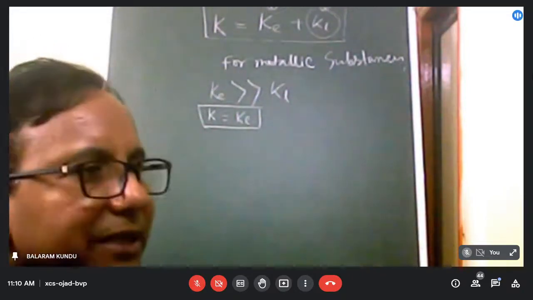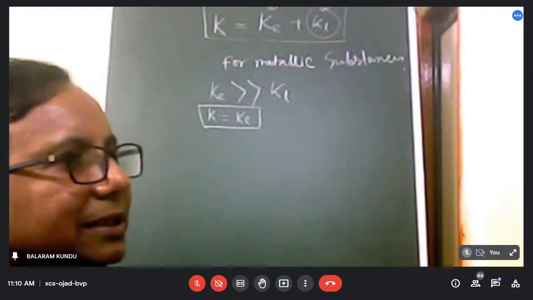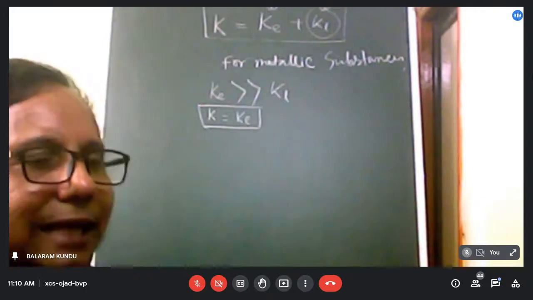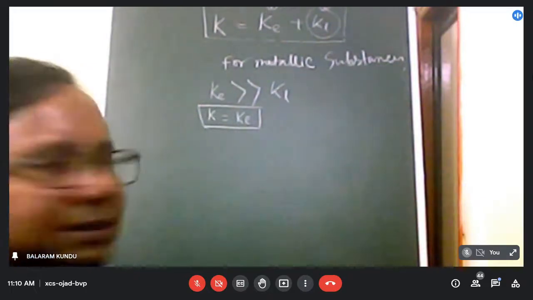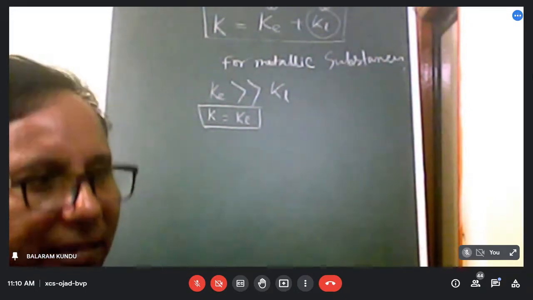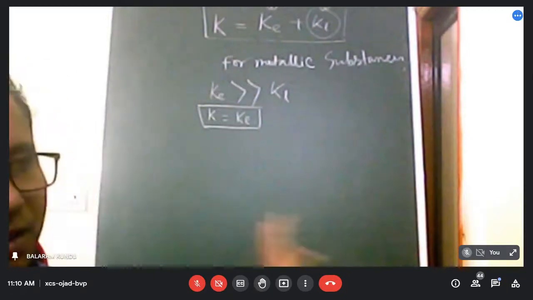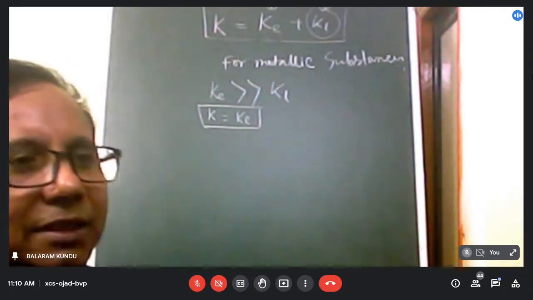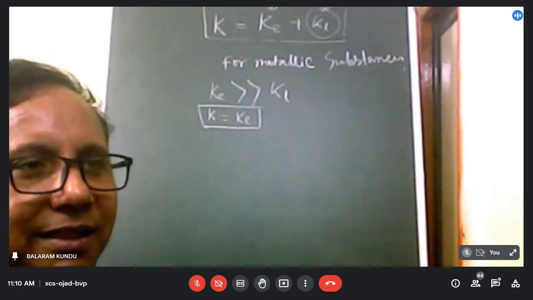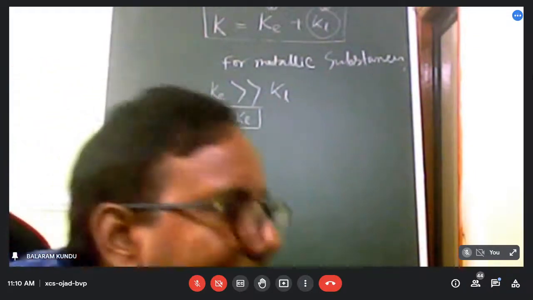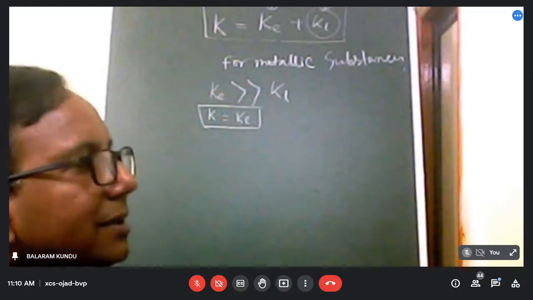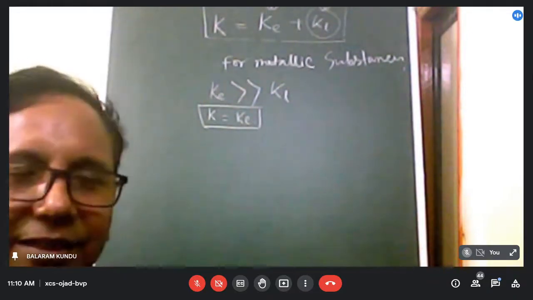If we increase the temperature of metallic substances, thermal conductivity will decrease with the increasing temperature. In most metals, thermal conductivity decreases with increasing temperature, except aluminum. If we increase the temperature, its thermal conductivity increases.